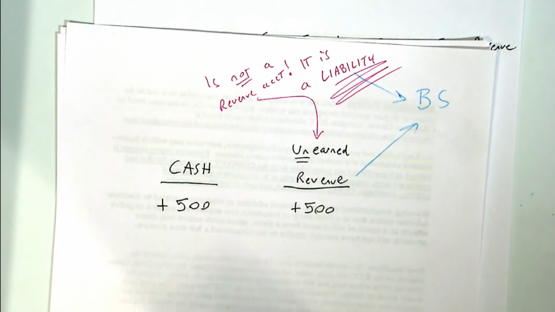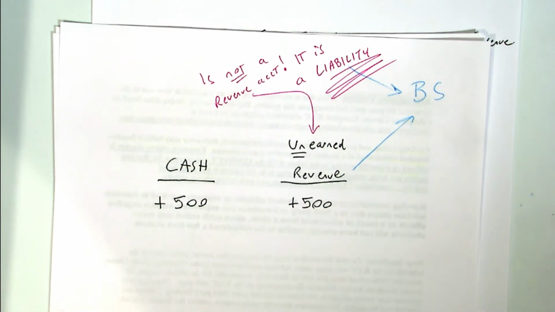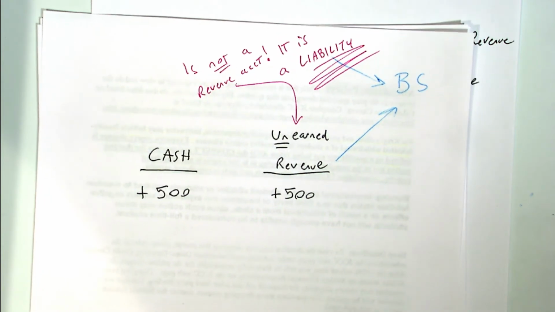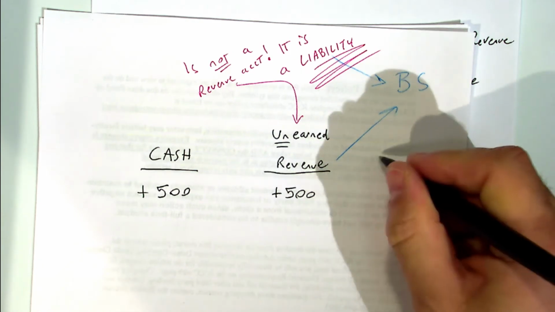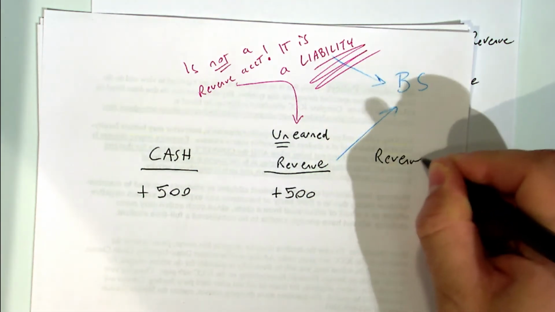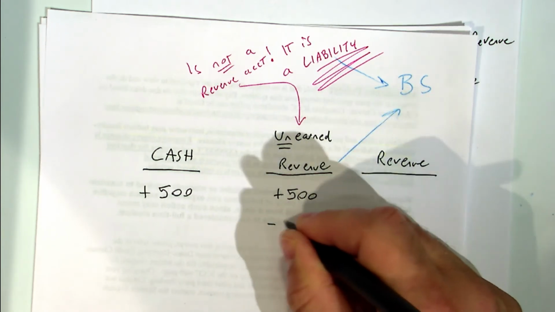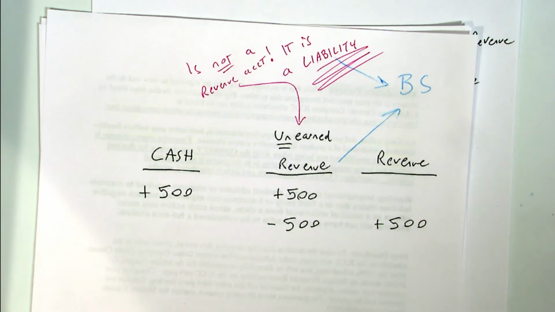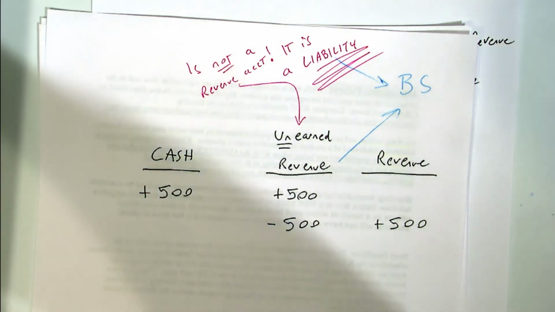The balance sheet, okay? How does the Apple Store earn that revenue? Let's say the new iPhones come in and you come and pick it up. You grab it from them and you go home and you're so much happier now. Well, at that point, if you're the Apple Store, your liability decreases by 500, your revenue goes up by 500. That's how we handle that. You with me? Okay? Questions on that?